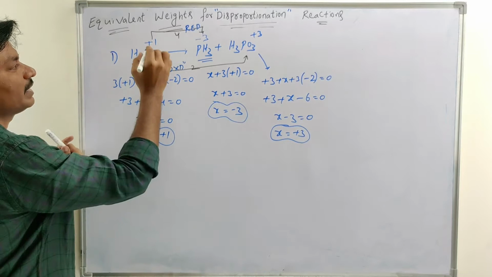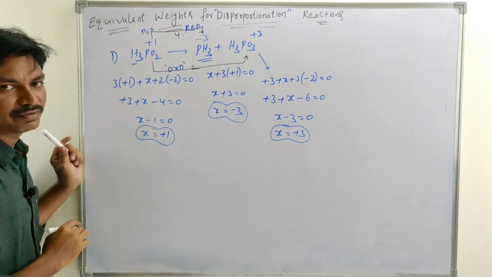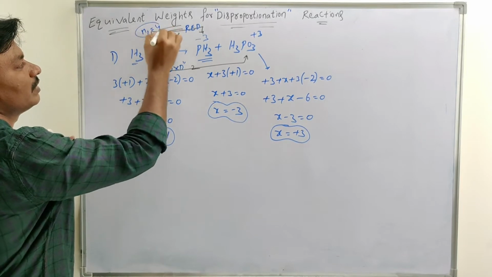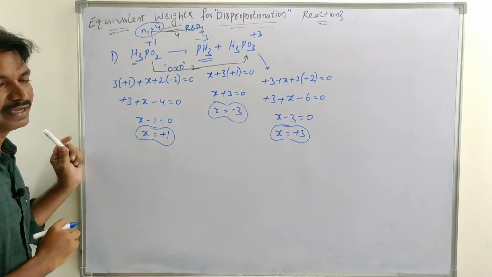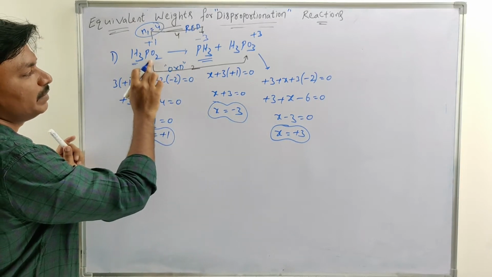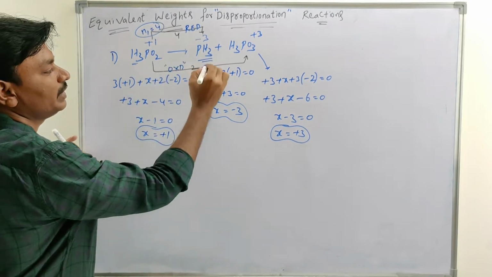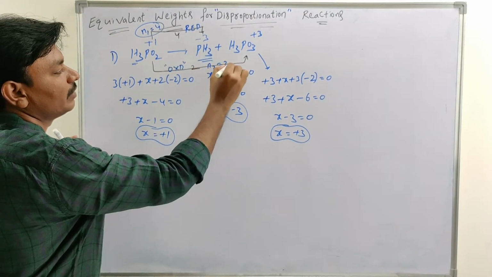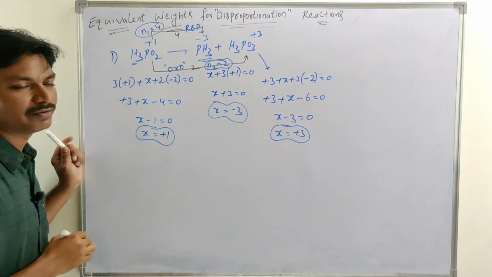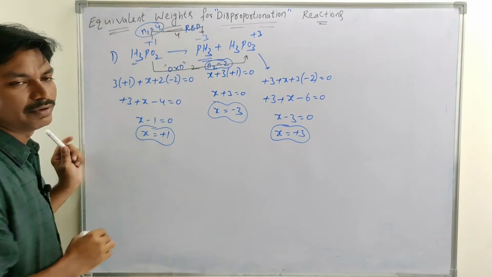In the first case, the number of electrons N1 equal to 4 are involved for this conversion. In the second case, 2 electrons are involved in H3PO2 to H3PO3, that is N2 equal to 2. Here N1 equal to 4 and N2 equal to 2.